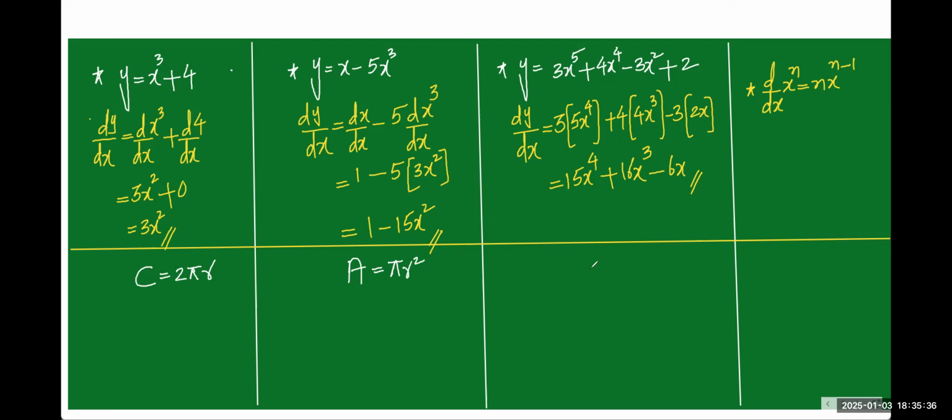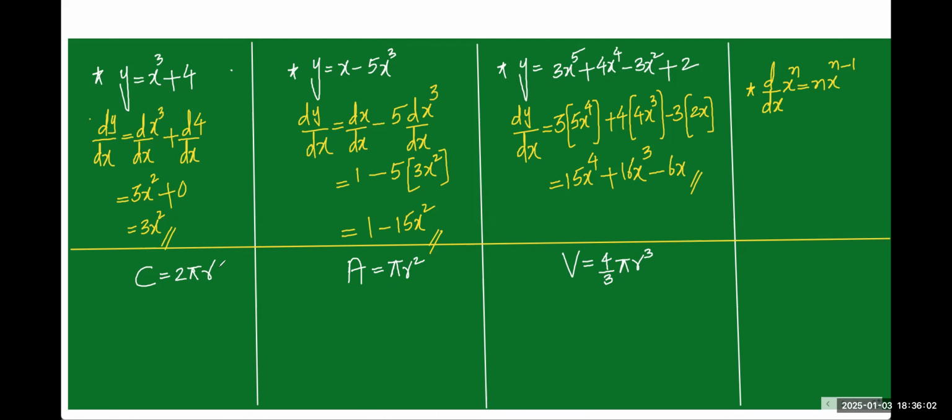Please tell me which formula is this? V is equal to 4 by 3 pi r cubed. Yes, circumference of a circle, area of a circle, and volume of a sphere.